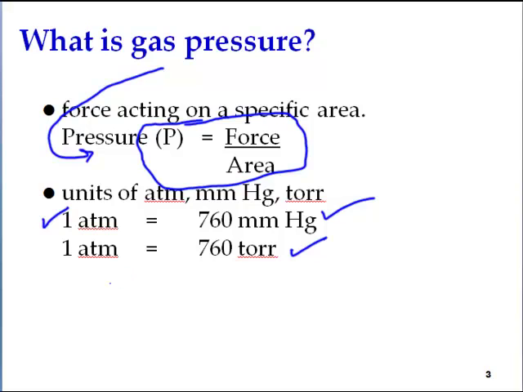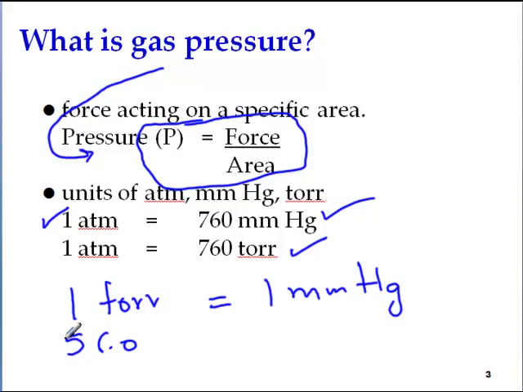So considering this, you can see that torr equals millimeters mercury. 1 torr would be equal to 1 millimeter mercury. If we have 560 torr, that would be equal to 560 millimeters mercury. So hoping this is making sense. These two units are equivalent to each other.